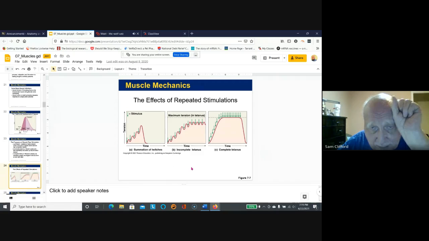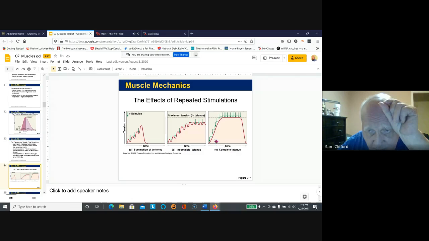Okay, so there are different types of muscle contraction. The green arrows represent contractions, and you can see that you have a summing process. The closer the stimuli are, the more the muscle can increase the force. If it's not totally contracted at maximum force, it's called incomplete tetanus.